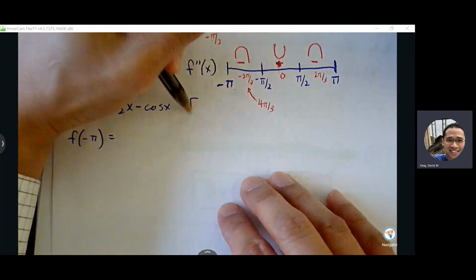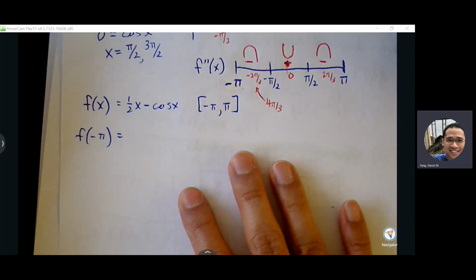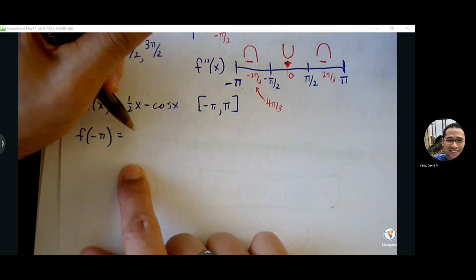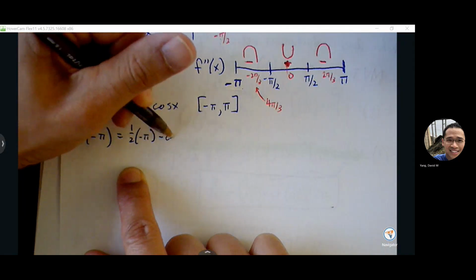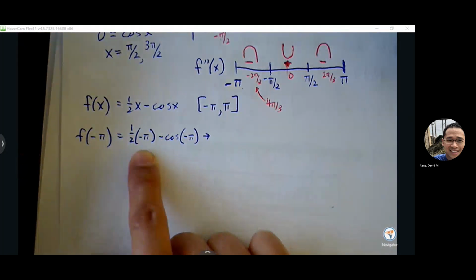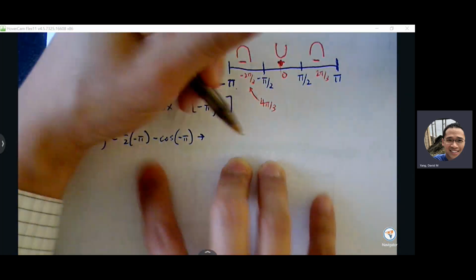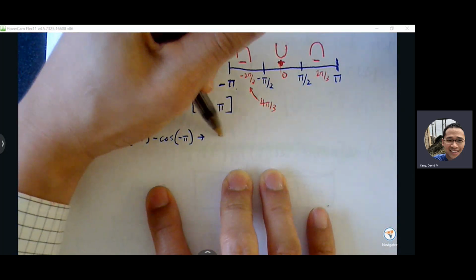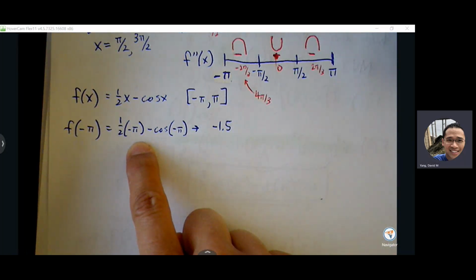The graph is going from negative pi to pi. So I definitely want to know where these points are located so I can put them onto my graph. Negative pi over 2, that's the same thing as around negative 1.5, if we treat pi like 3.